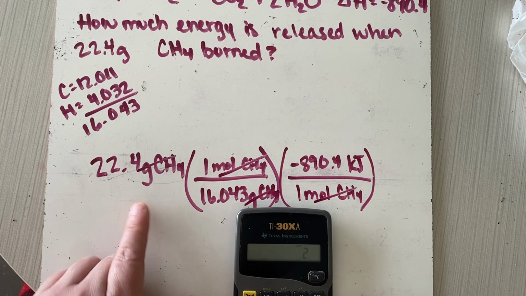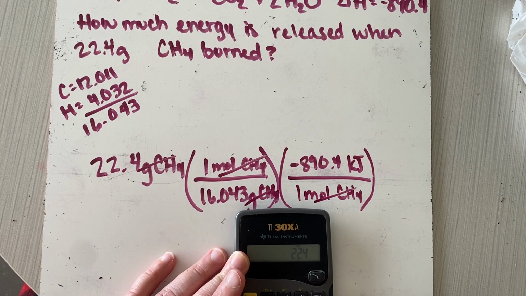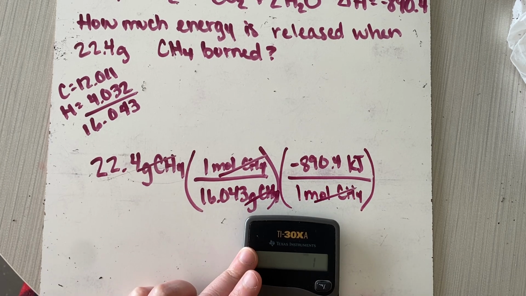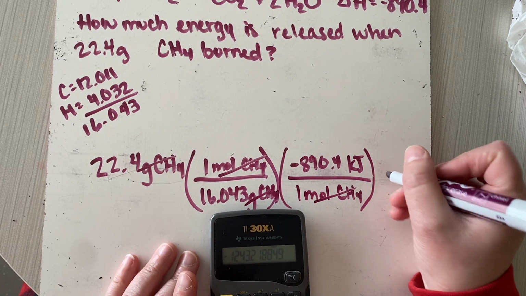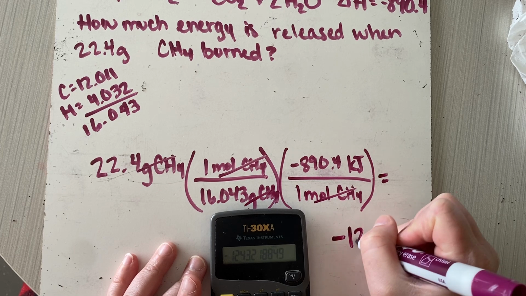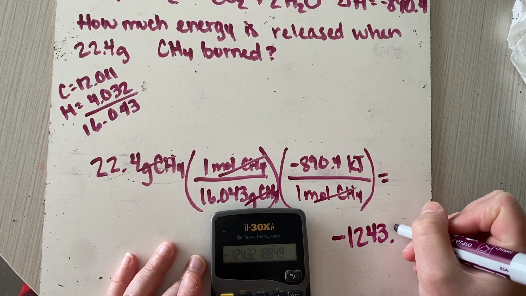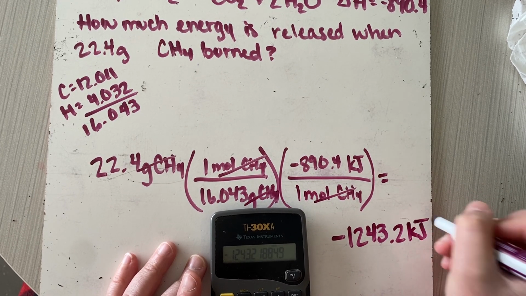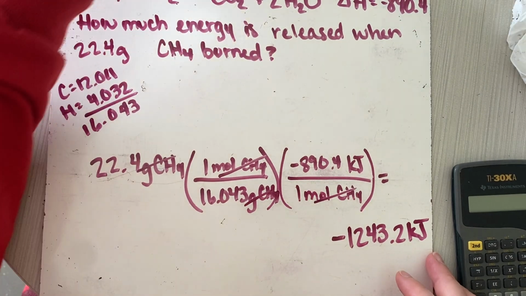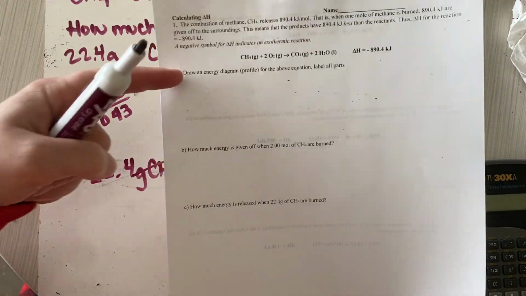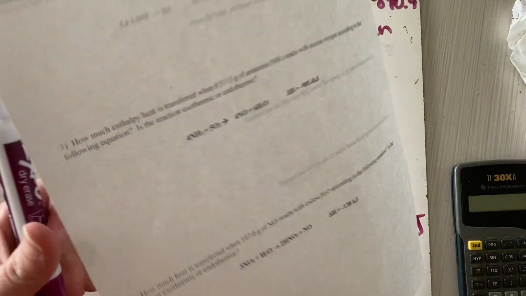So we're going to have 22.4 divide by the bottom, so 16.043, and multiply by our 890.4, that's negative, and we end up with a negative 1243.2 kilojoules. And done.